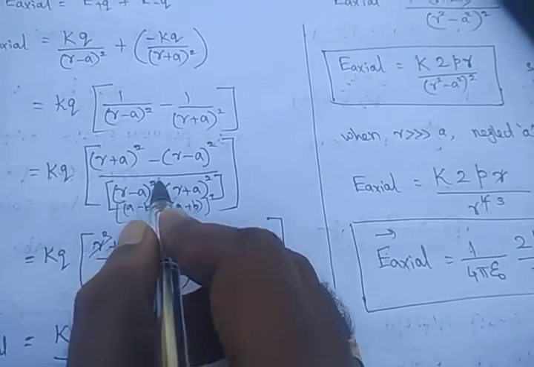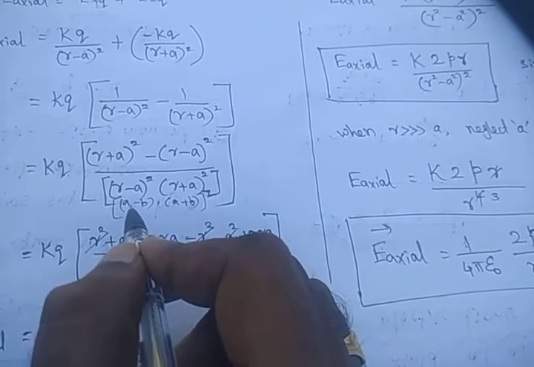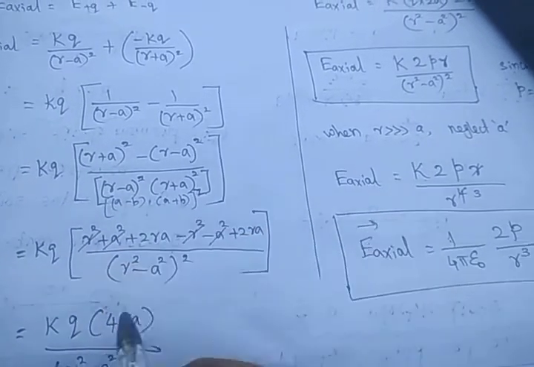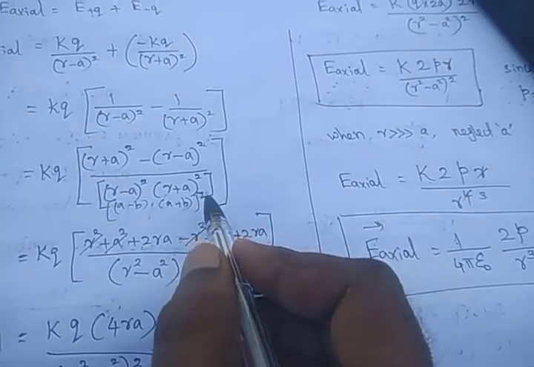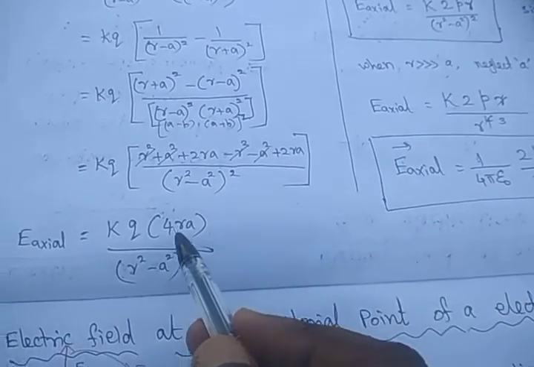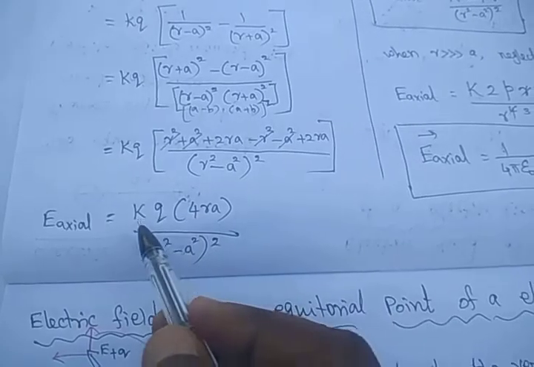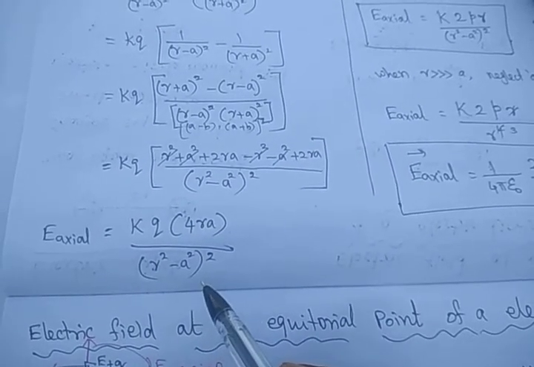That is, this square and this square will be taken as a whole squared. Hence we get a minus b into a plus b, which is equal to a squared minus b squared, that is r squared minus a squared. Then this whole square comes here. So by adding these two things, 2ra plus 2ra, it is 4ra. Then kq into 4ra by (r square minus a square) the whole square.